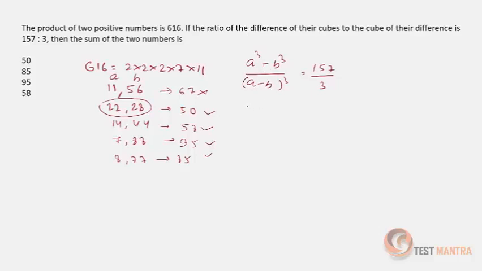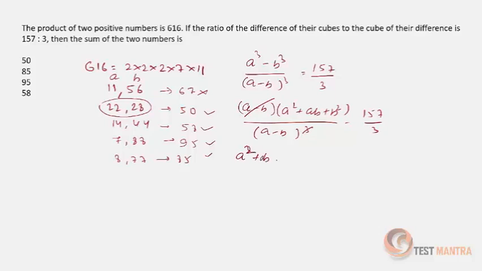So a cube minus b cube, I can write this one as a minus b into a square plus ab plus b square, divided by a minus b whole cube. This part is cancelled, so that represents a square plus ab plus b square divided by a minus b whole square is equal to 157 by 3.